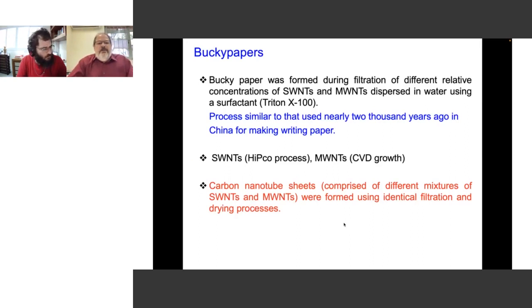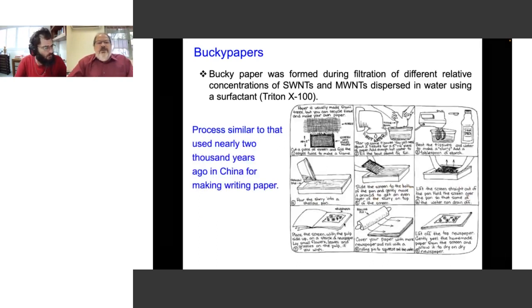Buckypapers are very simple to make if you have the materials. Just remember the nanotubes: you can have single wall and multi-wall structures, right? Buckypapers use the same technique the Chinese used to make paper for 2,000 years.